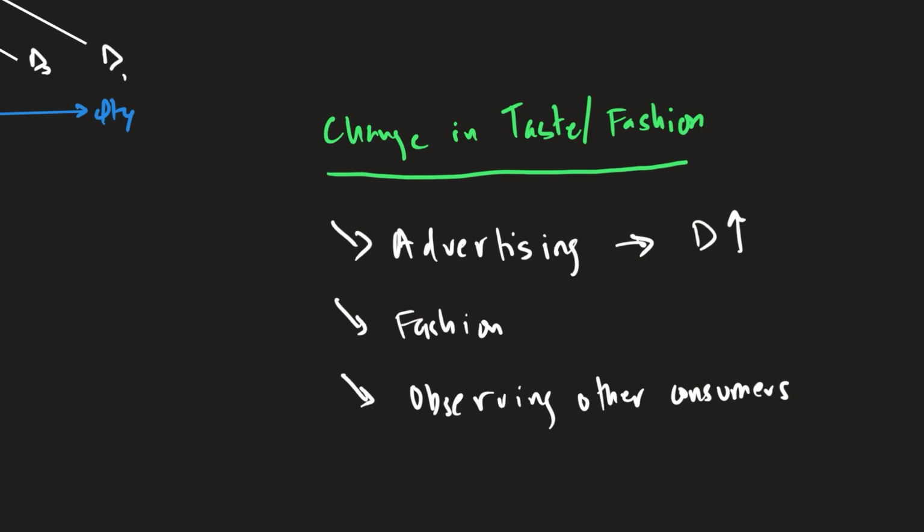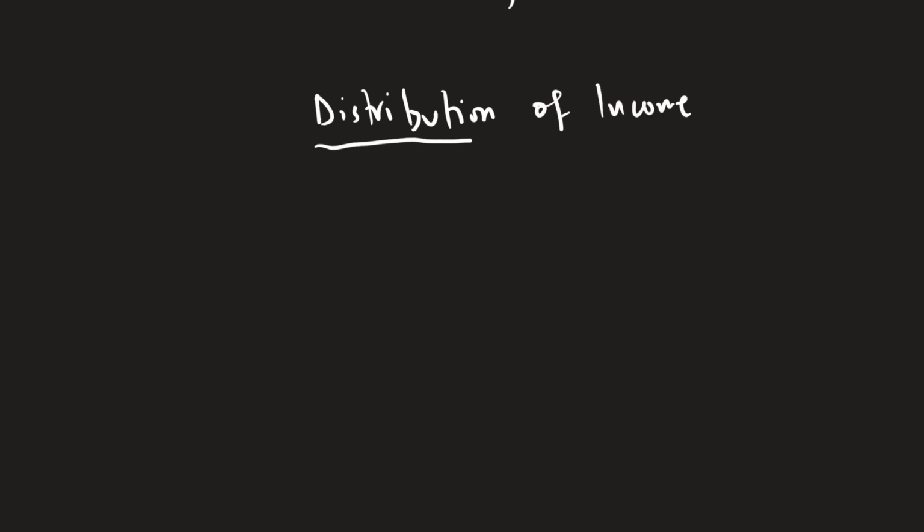Another factor that can change our demand could be what we call distribution of income. Now, if the distribution of income becomes unfair, when I say distribution of income, I'm looking at distribution of income of the whole economy. So, if the distribution of income in an economy, like in a country, becomes unfair, that means basically the rich are getting richer and the poor are getting poorer.